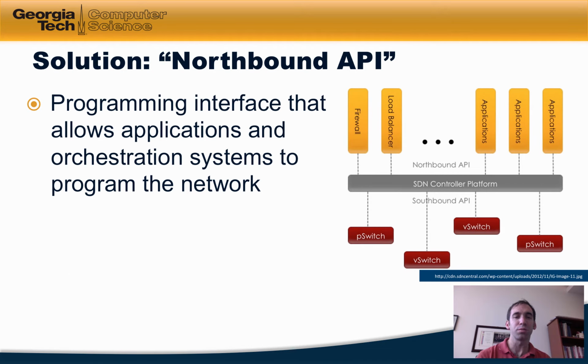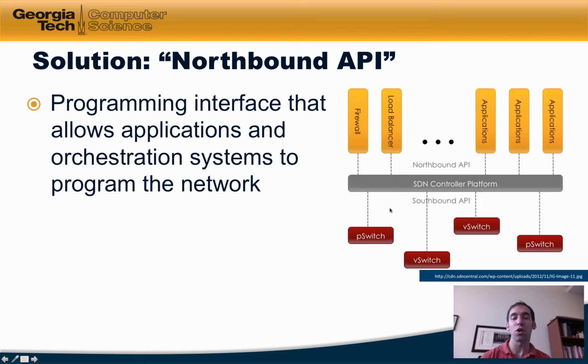The solution to this problem is to develop what is being called a Northbound API. The Northbound API is a programming interface that allows applications and other orchestration systems to program the network at a higher level of abstraction.